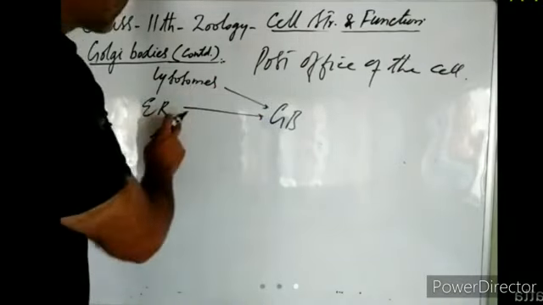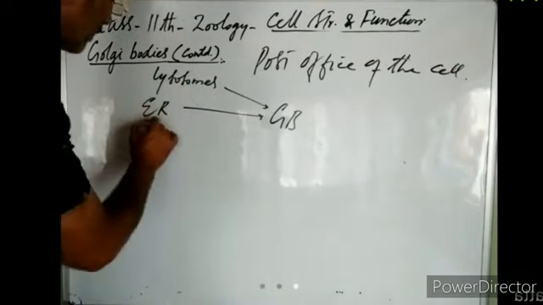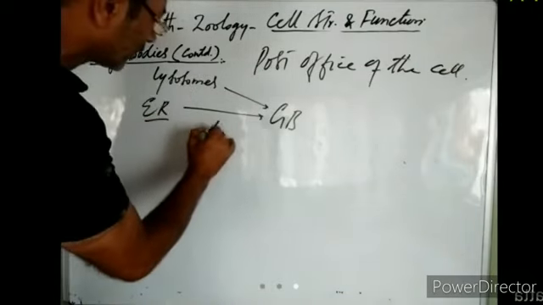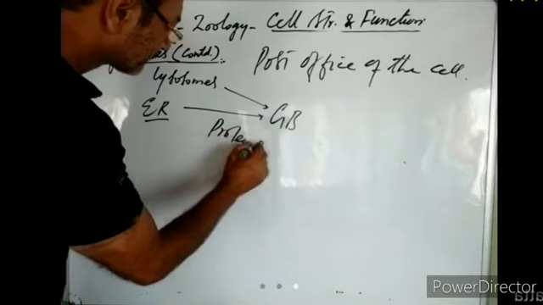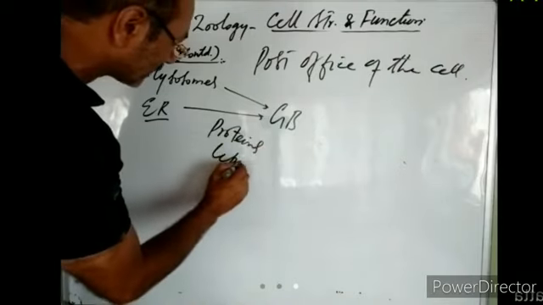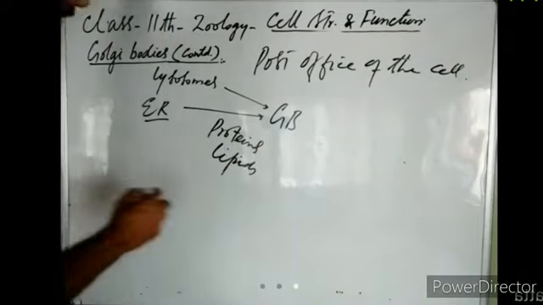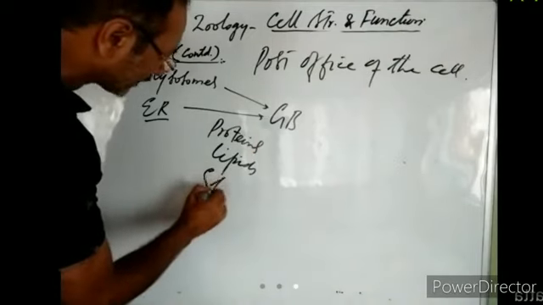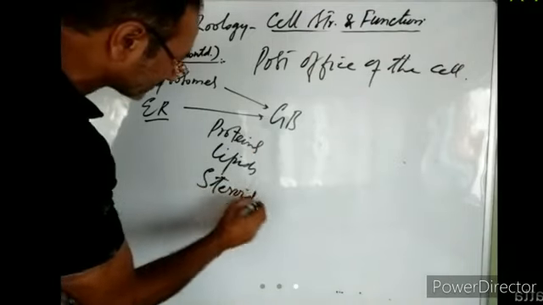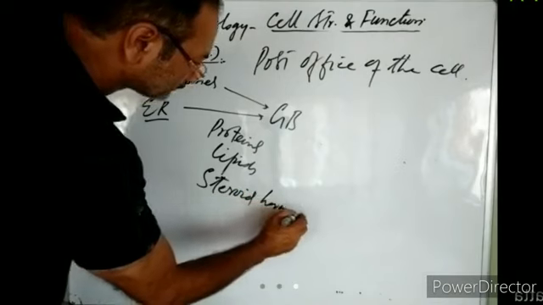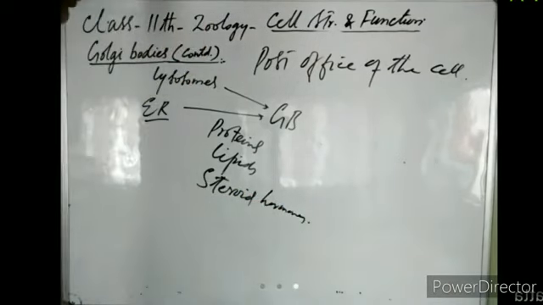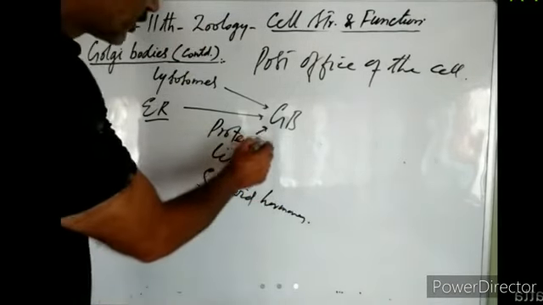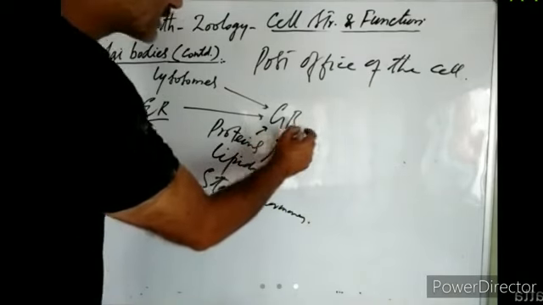Now, as the Golgi body receives materials, suppose Golgi body receives from endoplasmic reticulum, it receives proteins. From endoplasmic reticulum, Golgi body receives lipids, and some steroid hormones. So Golgi body continuously receives materials from endoplasmic reticulum.